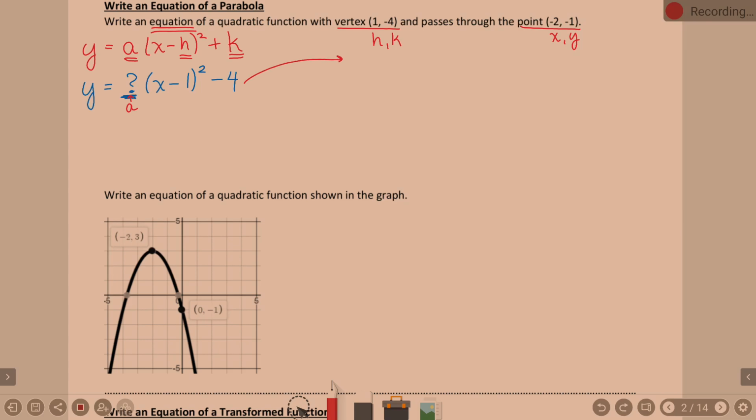So right here, what do we know y is? -1 equals A, because that's what I'm trying to find, times (what do we know x is? -2 minus h, or -1) quantity squared, plus k, which is -4.